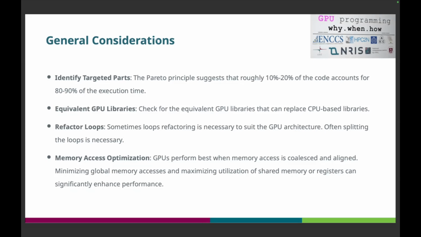Also, in the program that I'm working with, I saw loops that do lots of calculation inside the loop. For the GPU, we don't just take one big loop and put it on the GPU, because having too many operations inside a kernel is not beneficial.